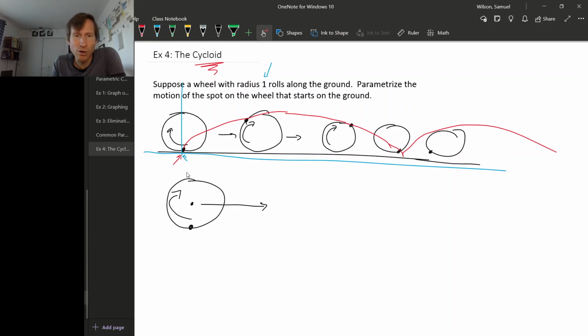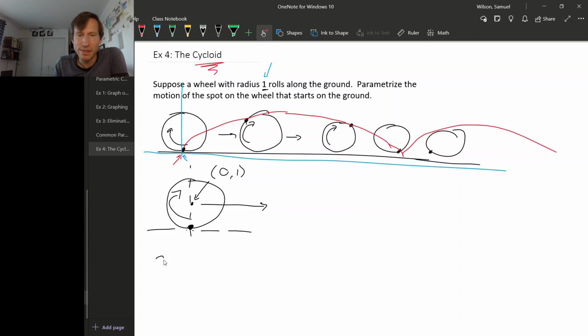Now, on our coordinate system, since the bottom of the wheel is just touching the ground and the wheel has radius 1, that means the center of this must be at (0, 1). Okay? So the center of the circle is at (0, 1), and we're starting at the bottom, and we're going clockwise around this circle.